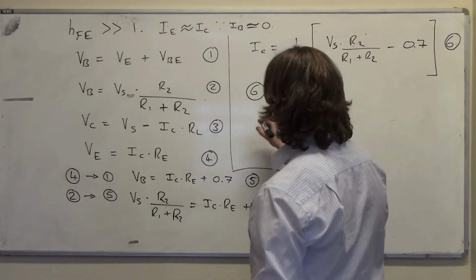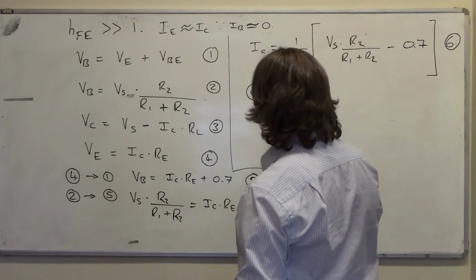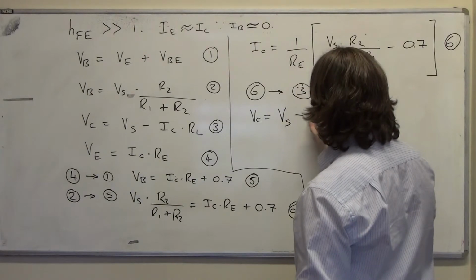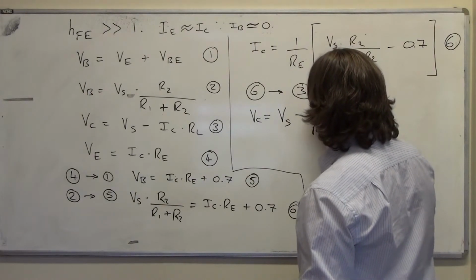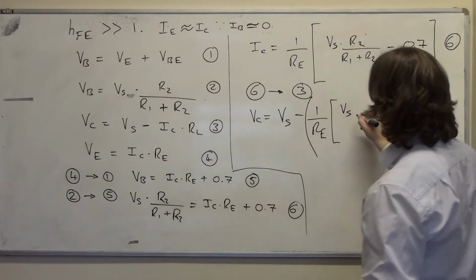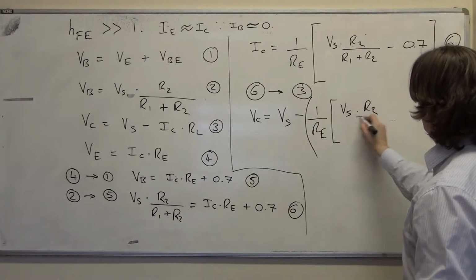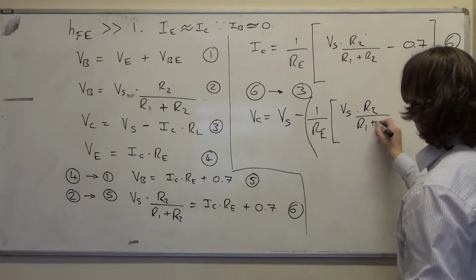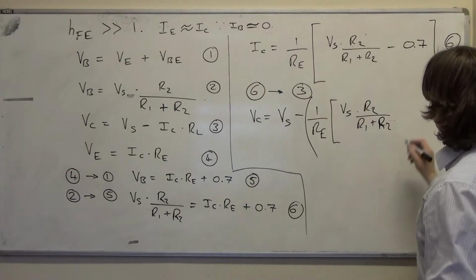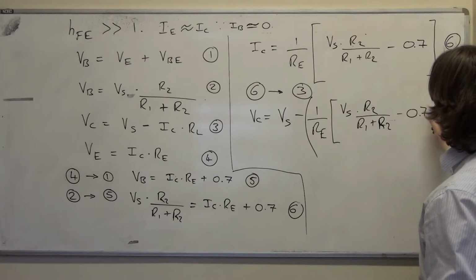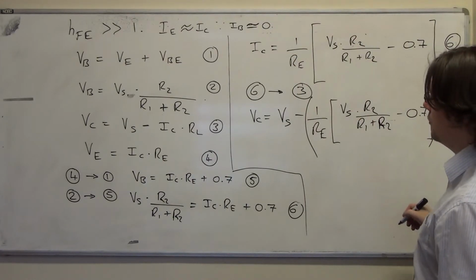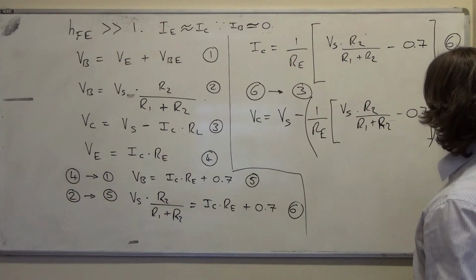So I'll have VC is equal to VS minus 1 upon RE, VS times R2 over R1 plus R2 minus 0.7, times RL.